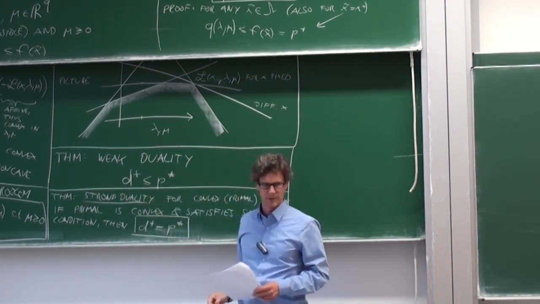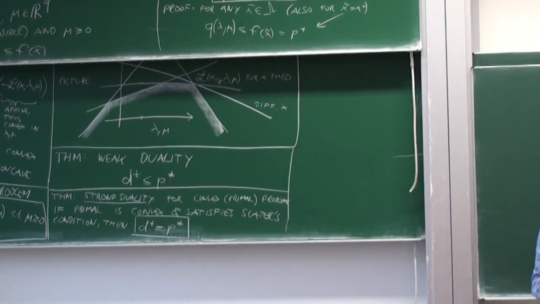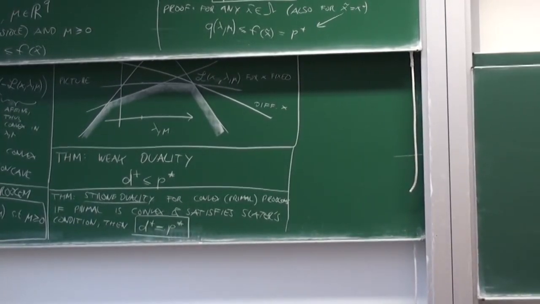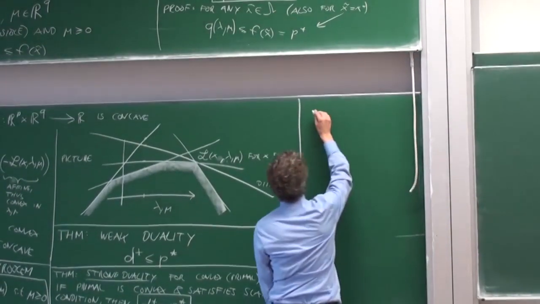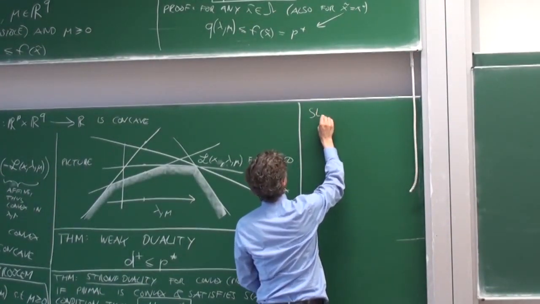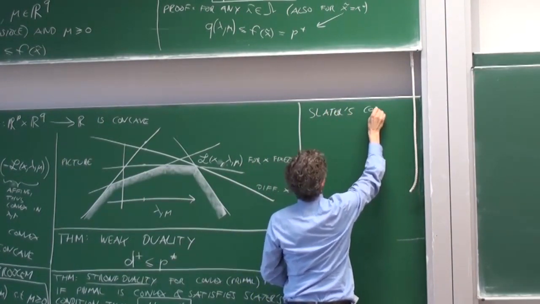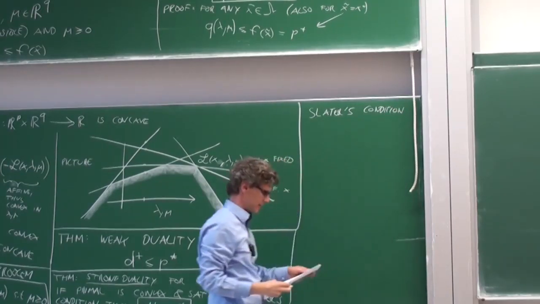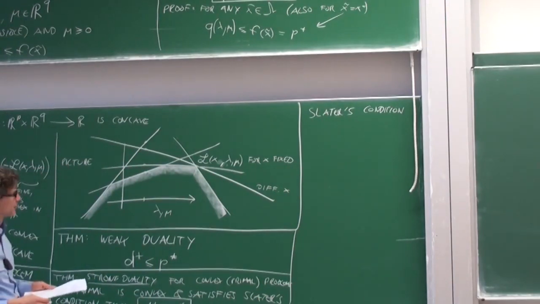As I said, we will not prove it now, but I will at least tell you what the Slater condition means so that you don't feel that there is a gap. This Slater's constraint qualification, I specify here. It's a technical condition, but I want to make sure that we have it. For a convex problem, what do we know actually?